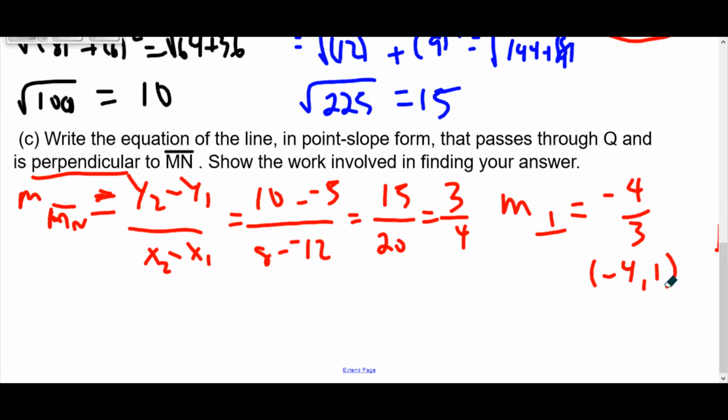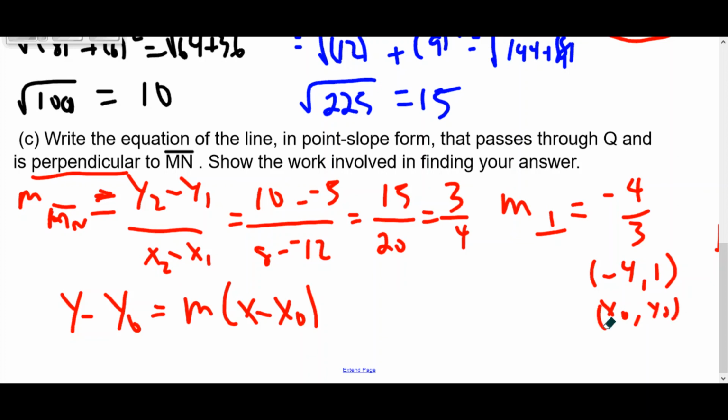And now to find the equation of the line passing through in point slope form. Point slope form is not the same as y equals mx plus b, but is y minus y sub 0 is equal to m times x minus x sub 0. Now you say, which one's which? Well, this is our x sub 0, y sub 0, and that's our m.